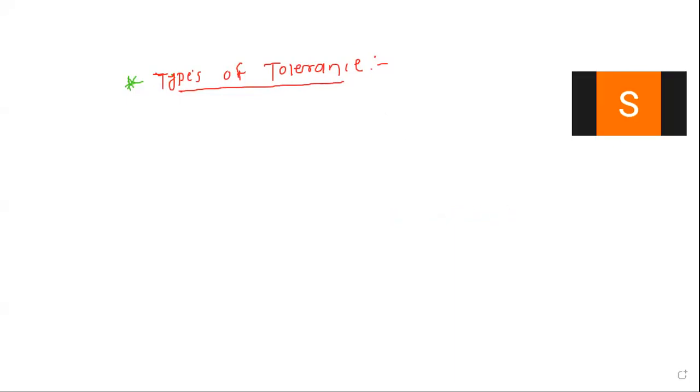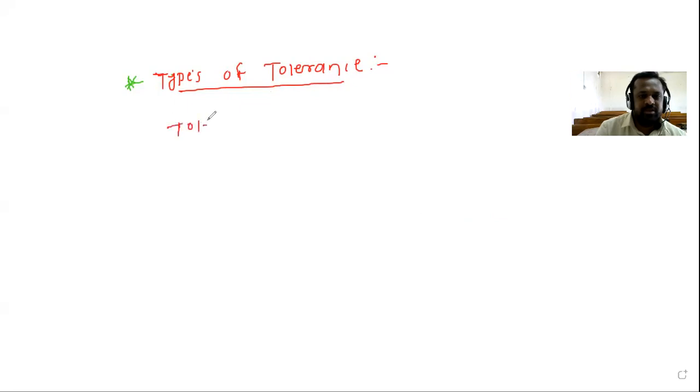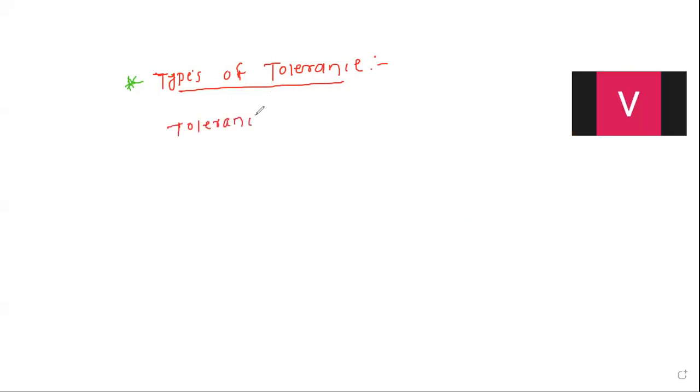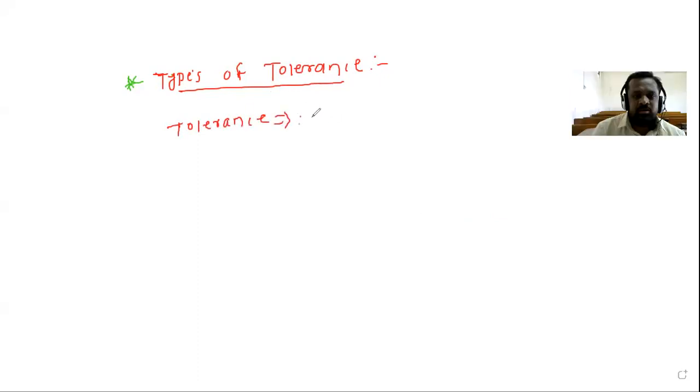The difference between the upper limit and the lower limit. The tolerance is nothing but the difference between the upper limit minus the lower limit. It is called the tolerance.